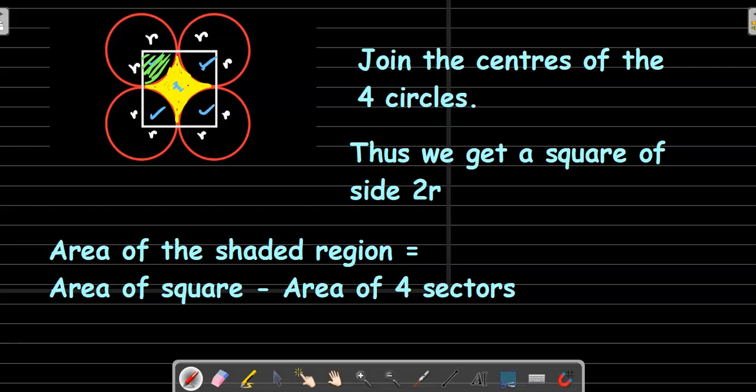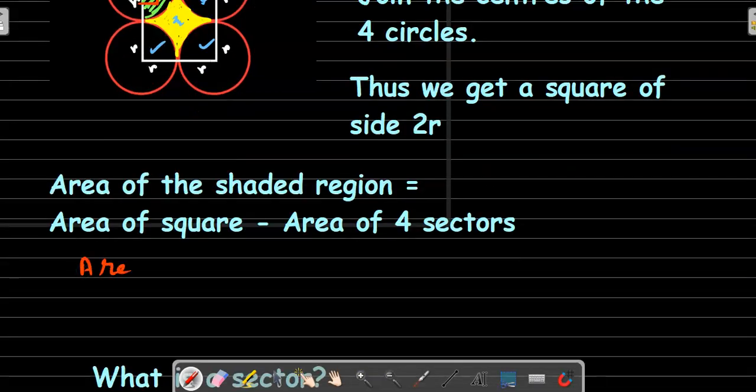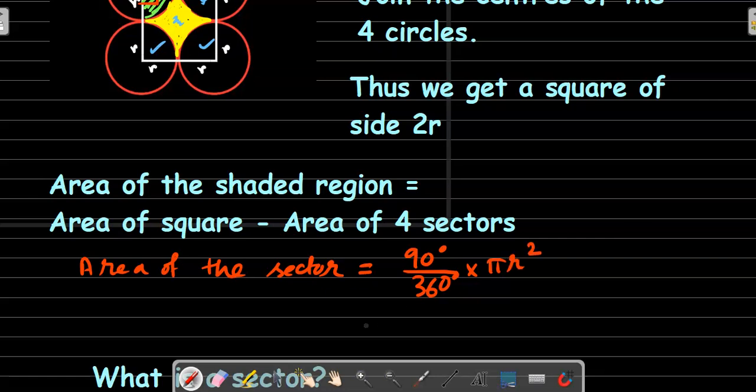Now this sector is making angle 90. Therefore, area of the sector is equal to 90 degree divided by 360 degree into pi r square.